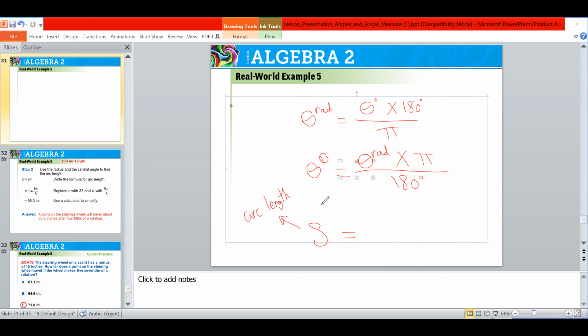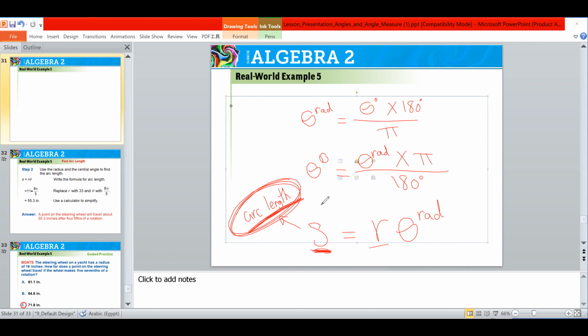Khalid, can you say the last rule, please? No, I need the length of the arc. S equal R multiplied by theta rad. Excellent. R multiplied by theta rad. Where S represents the arc length.